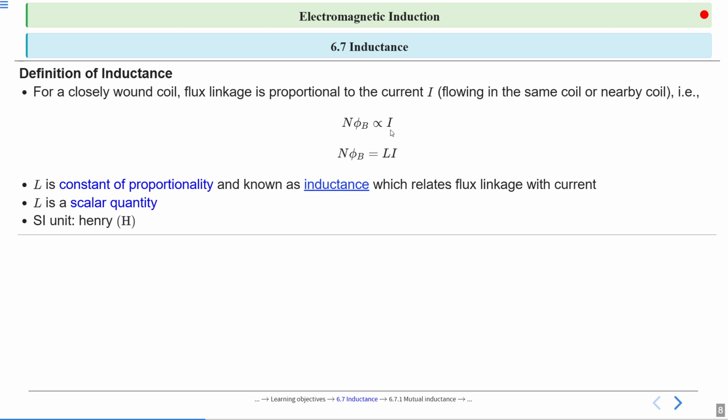Magnetic flux directly proportional to I, and n phi b, magnetic flux linked with n number of turns, that is flux linkage, is also proportional to I, and after removing sign of proportionality, we got a constant, that is constant of proportionality, also known as inductance. Okay, and it is scalar quantity and unit is Henry.